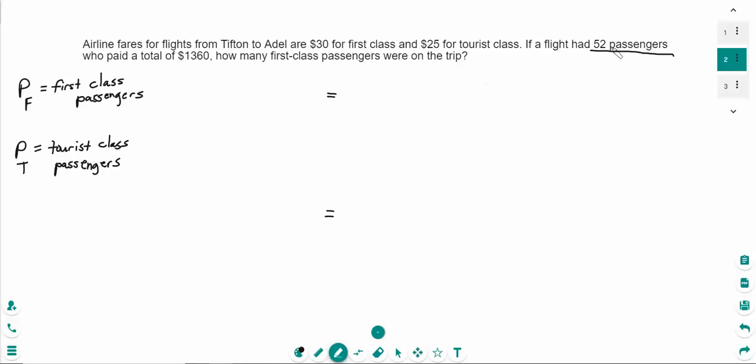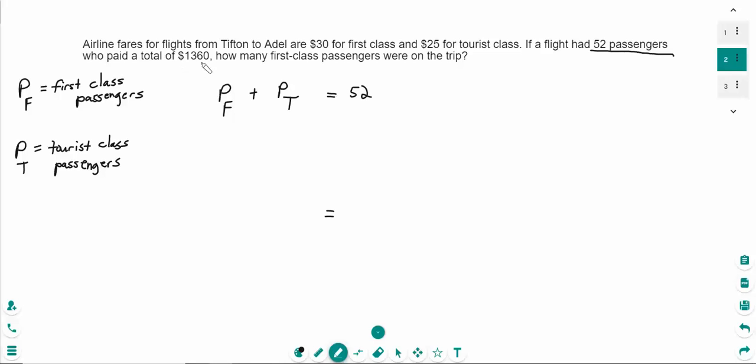So, if this is the total number of passengers, then we can make an equation out of this, because the total number of passengers is 52. How would I get to the total? I would simply add the number of first class passengers with the number of tourist class passengers, right? So the passengers for first class plus the passengers for tourist class should equal 52 passengers total. Okay? So there we go. That's the first equation here that we can come up with.